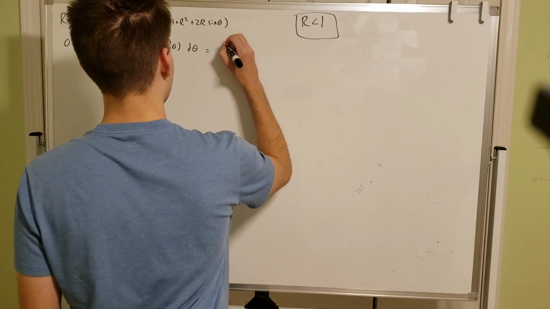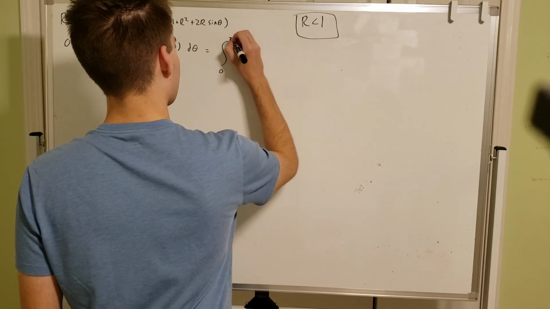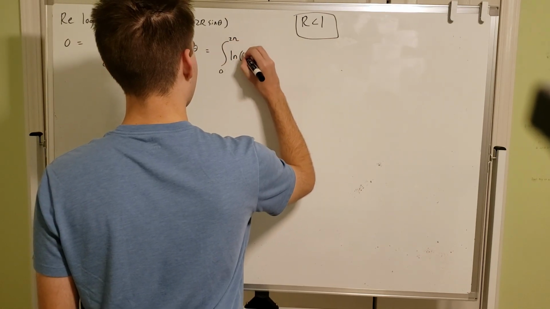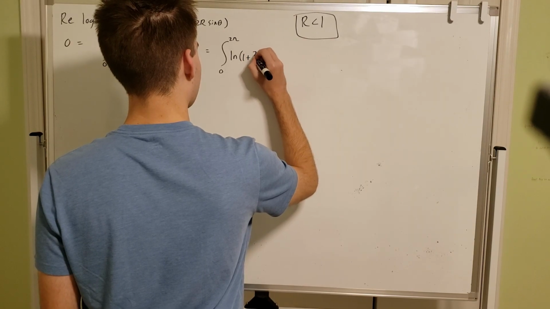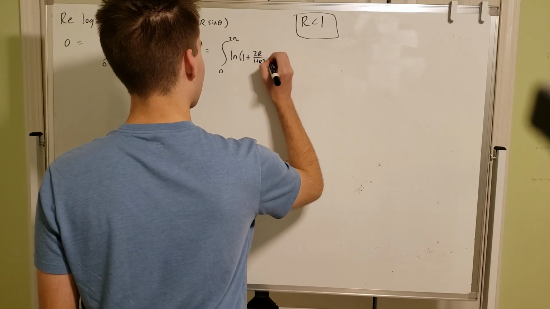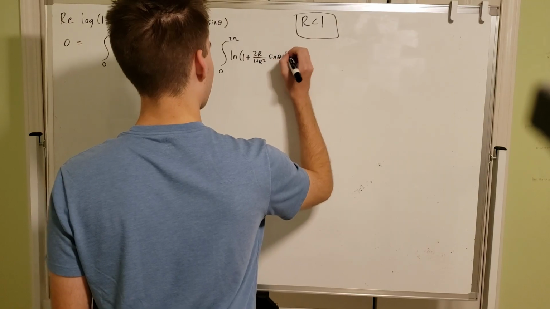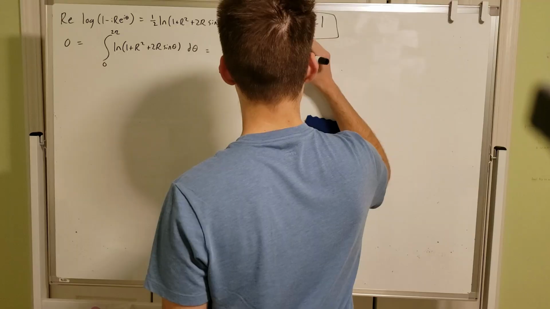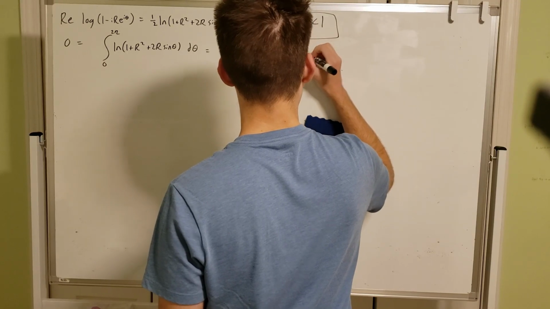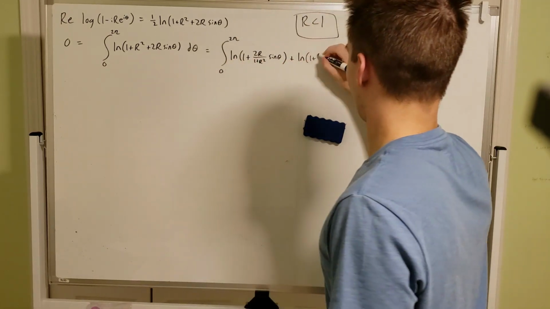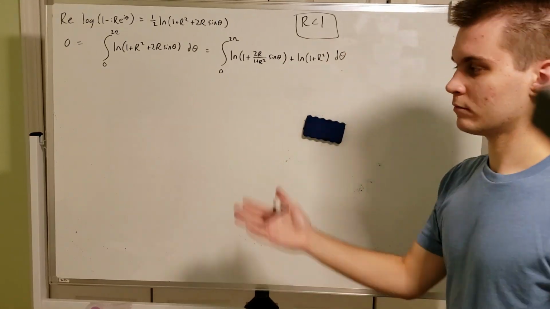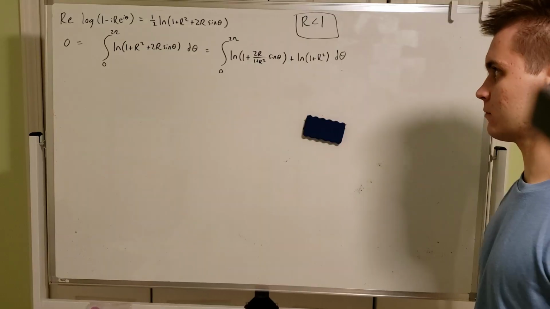So this is the same as if we pulled out a 1 plus r squared. Okay, makes sense? Just logarithm rules, cool.